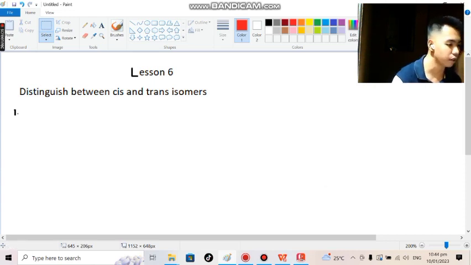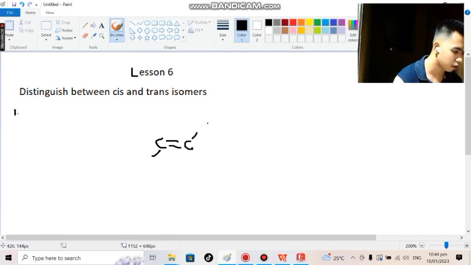However, the trans isomers, on the other hand, have features where similar side groups are located on the opposite sides of the double bond. So this is the opposite of a cis isomer. Suppose that we have our Cl here and our Cl here.